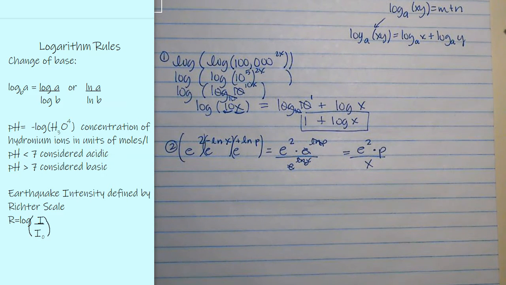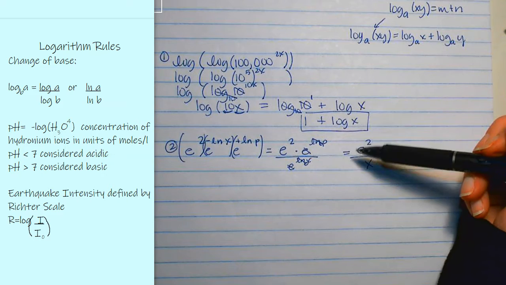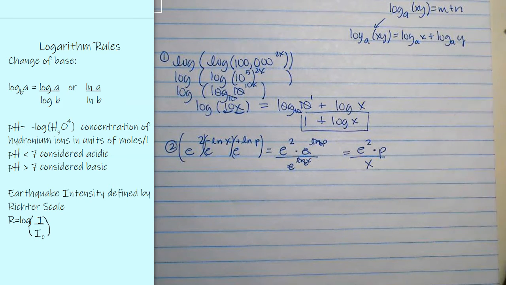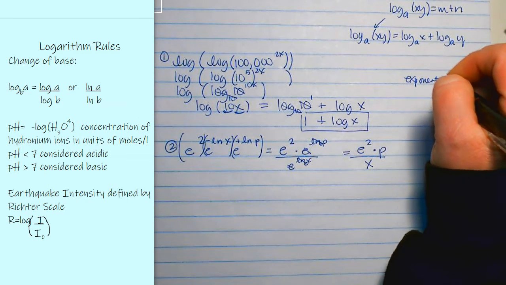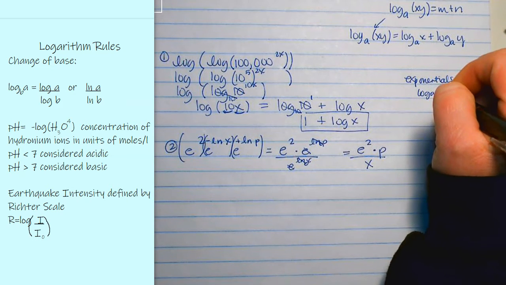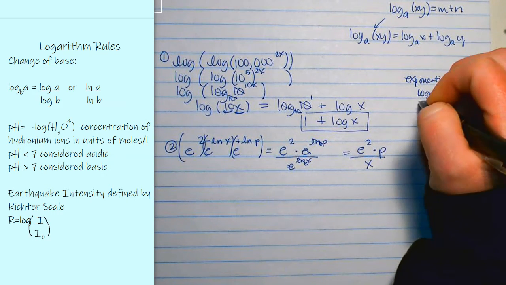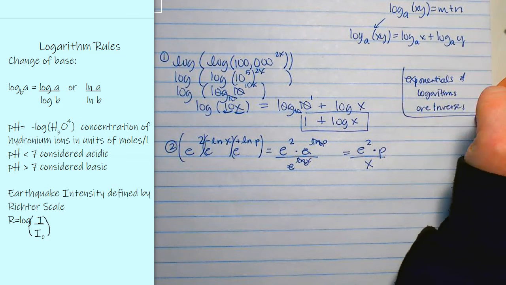So we've simplified these in two different ways. They're actually the same way, but in a different order, because exponentials and logarithms are inverses. So they cancel each other out.